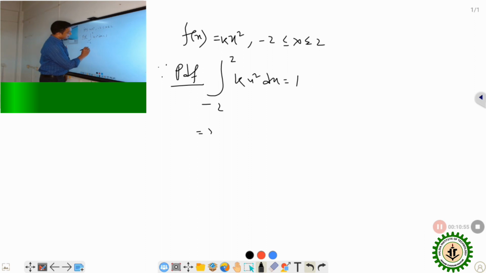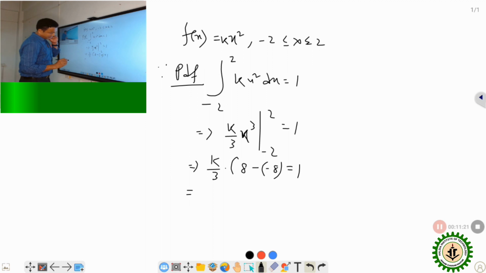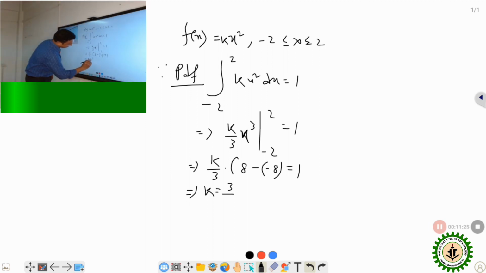So you integrate: k by 3 into x cube from minus 2 to plus 2 equals 1. If we put 2 here, it is 8 minus of minus 8, so in total you get 16 by 3. So k equals 3 by 16.